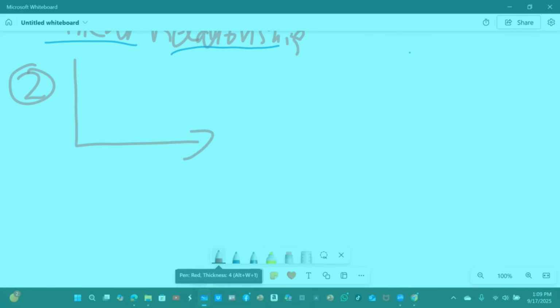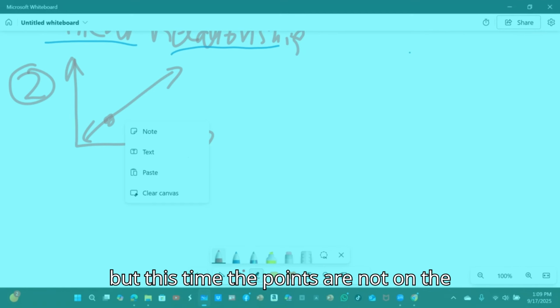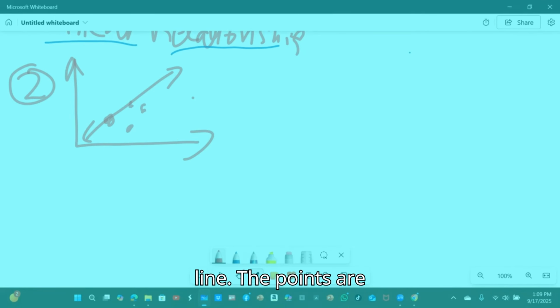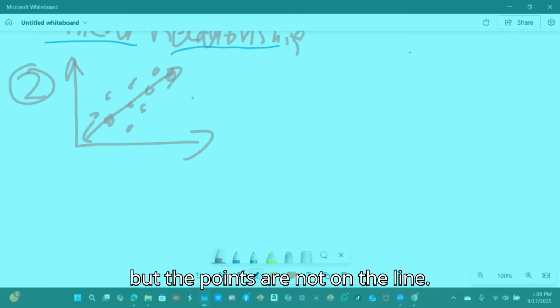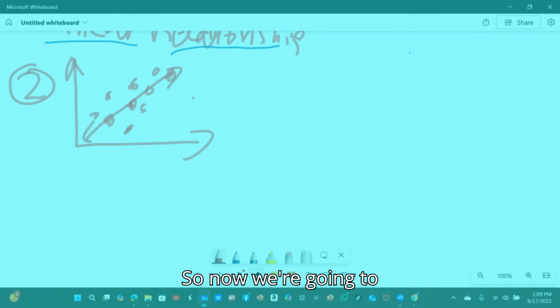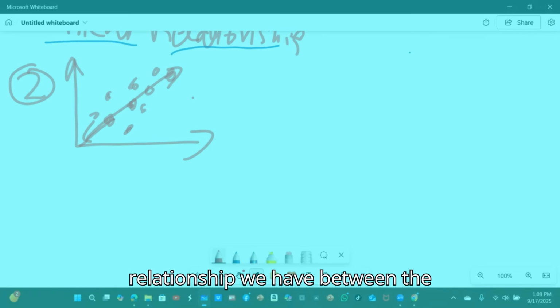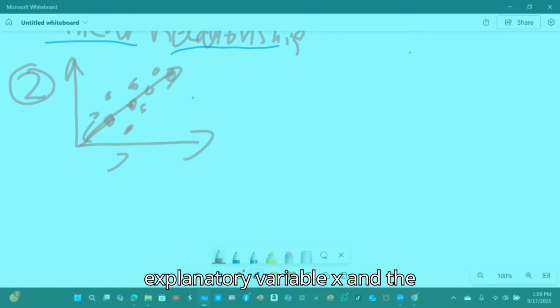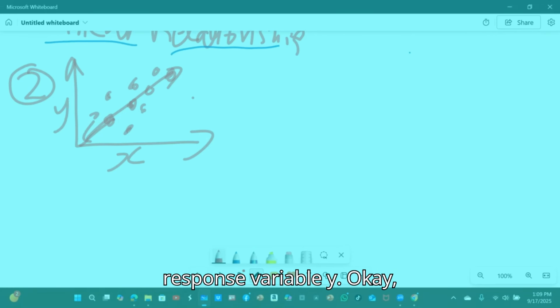I have another straight line, but this time the points are not on the line. The points are going in the same direction, but they are not on the line. Now we're going to describe the kind of relationship we have between the explanatory variable x and the response variable y.